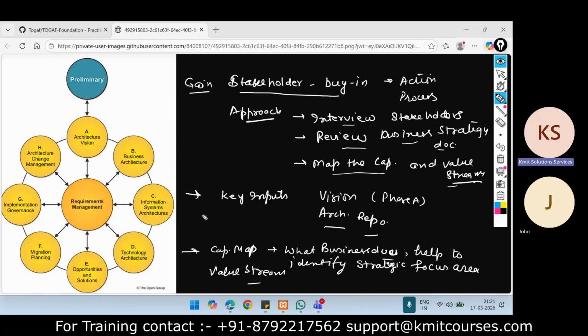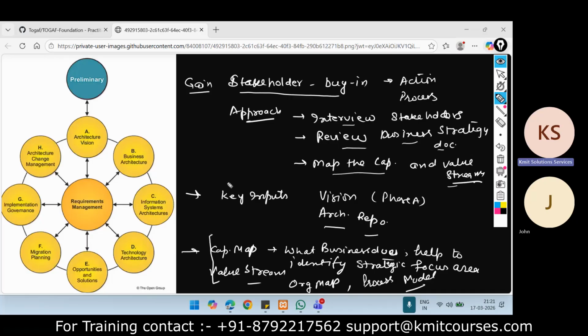Then we are having the organization map, which covers business units and their relationships, and then the process model, the business process model. It describes the business processes. So this is basically your deliverable from the business architecture point of view.